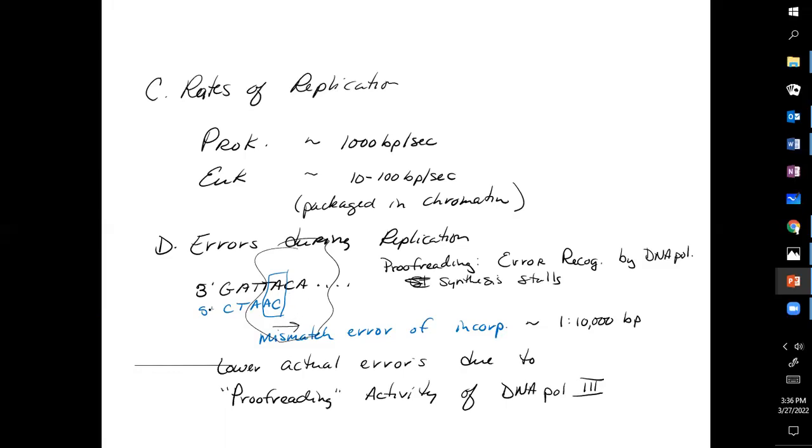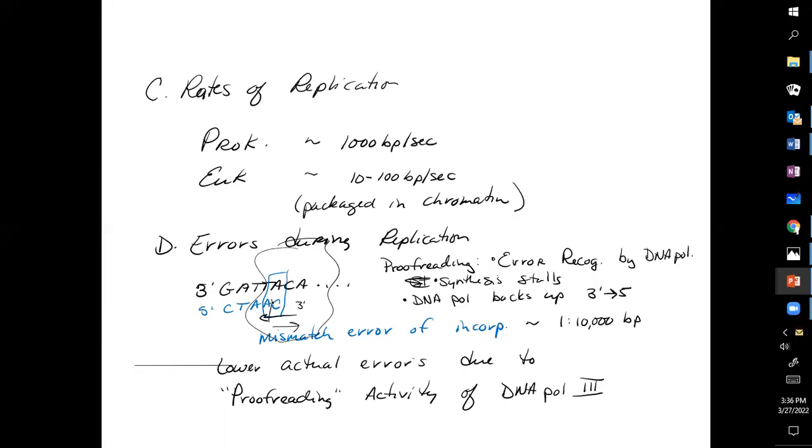And it backs up. So here on our new strand, we've got 5' to 3'. So it's recognized, the synthesis stalls, and DNA polymerase is going to back up in a 3' to 5' direction and cut out the error. So the polymerase backs up in a 3' to 5' direction and removes, cuts it out.